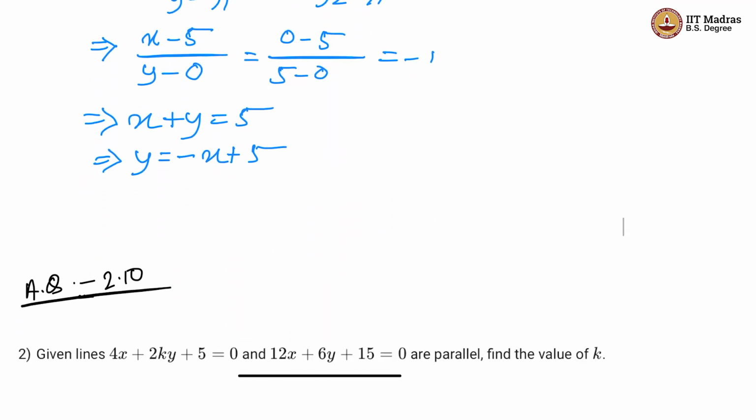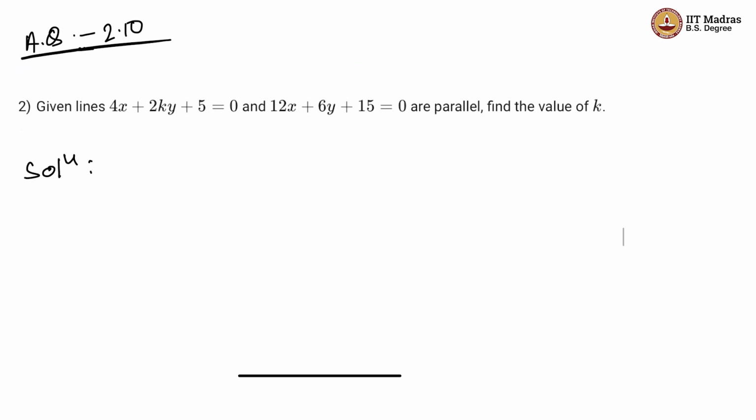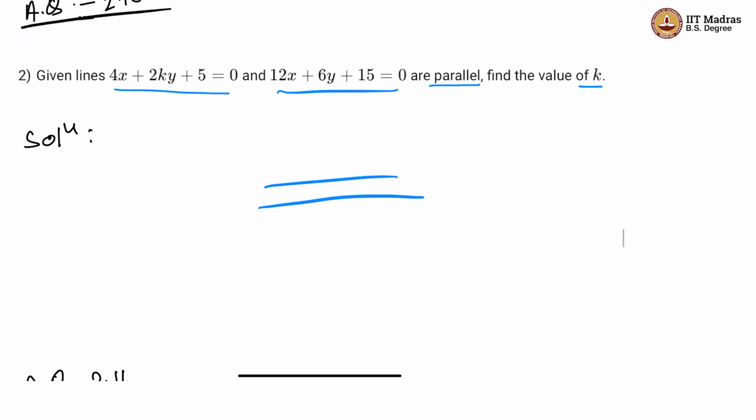Okay, yeah. So we can move to the next question. We have been given this line and this line, and they are parallel. Then we need to find the value of the constant k. If two lines are parallel, then we know that their slopes are equal, right? Suppose this is our line 1 and this is our line 2. What is the slope for line 1? This is minus a by b, right? So our a is 4 here and b is 2k, right?